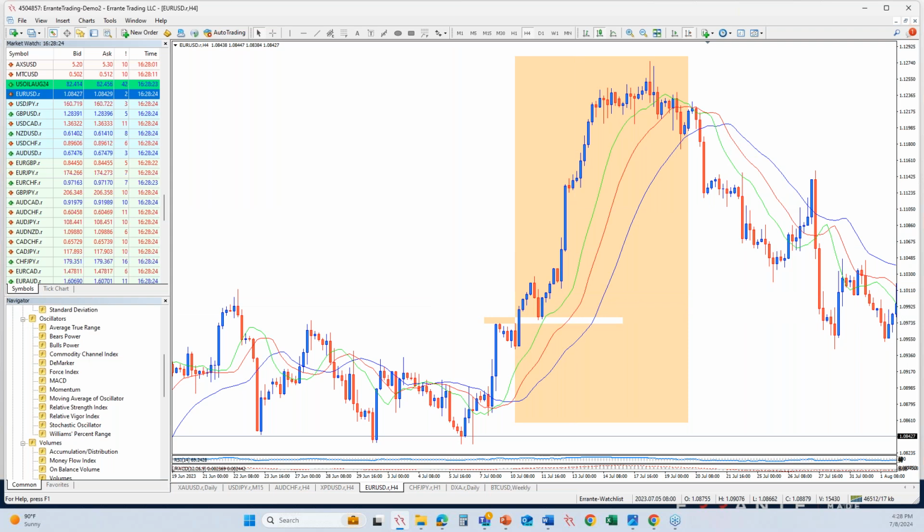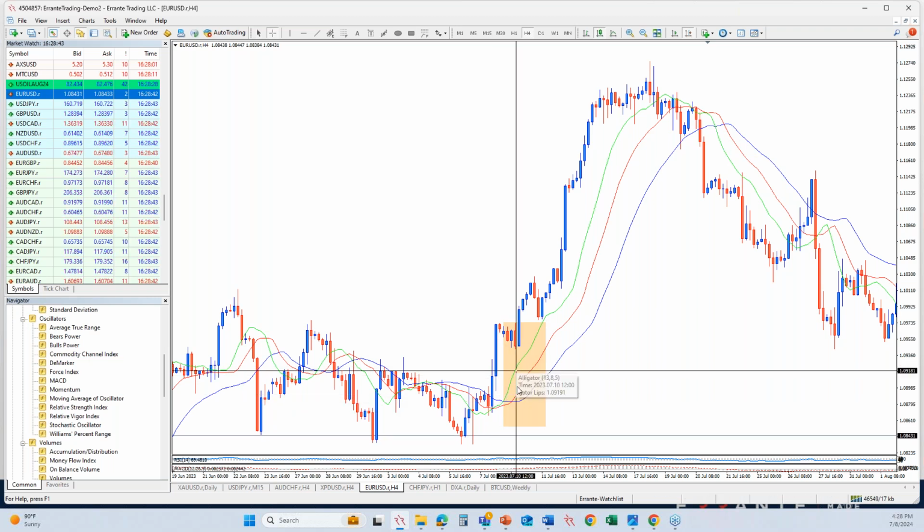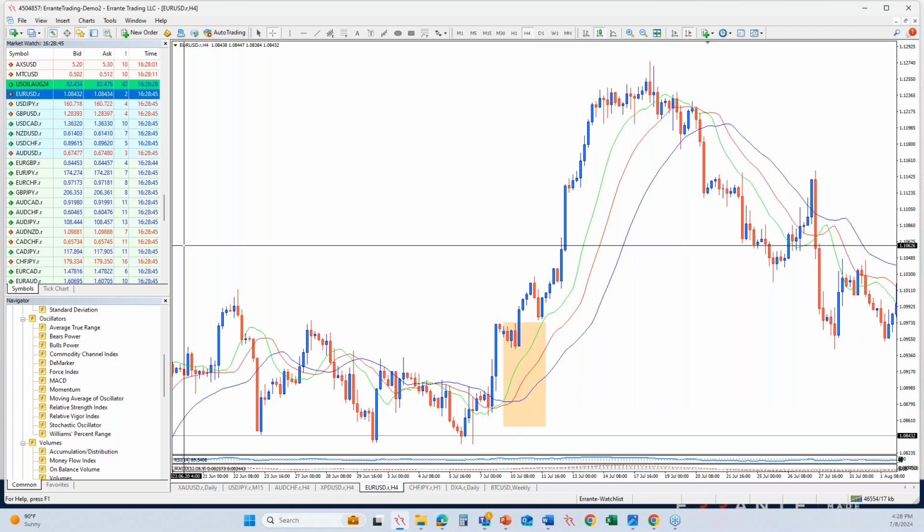But we usually try to find our entry points when the alligator is awakening at the earliest stages, when we see the first divergence between the lines, which is phase 2.